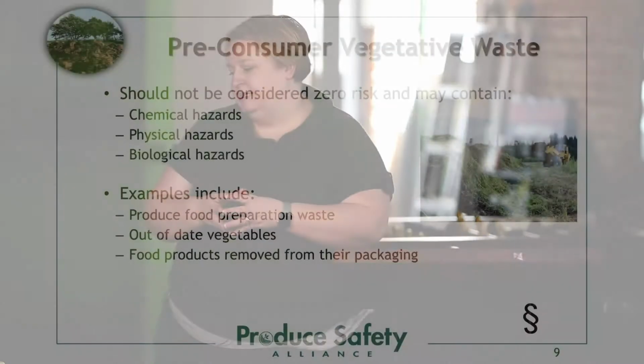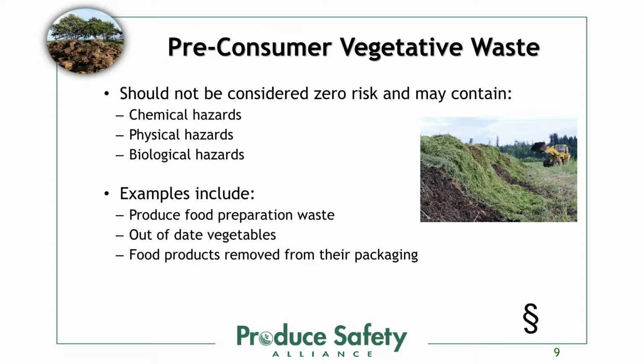So again, any sort of food waste stream definitely falls into this category where you have any sort of green material going in. Out-of-date vegetables, many people will put their culls into their compost bins, and food products removed from their packaging already, as far as a waste stream goes, if you may be receiving those from some areas.